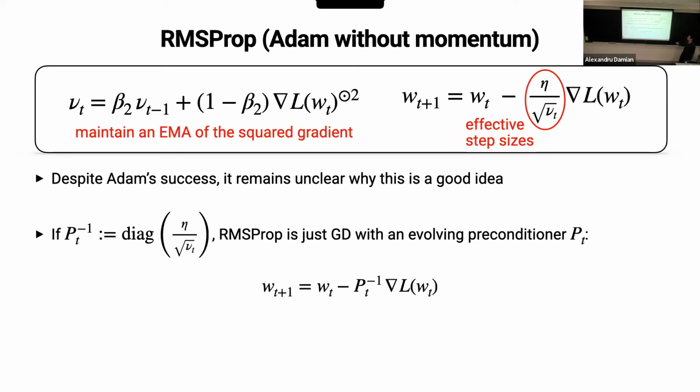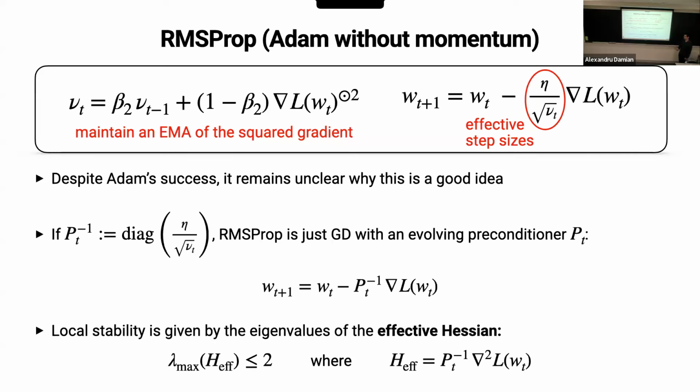The other observation is you can write this as preconditioned gradient descent. If you define this preconditioner to be the diagonal matrix of eta over root nu, then RMSProp is just gradient descent with this evolving preconditioner. So I can rewrite this update in this more compact form. And for preconditioned gradient descent, we understand what stability looks like, at least for quadratics, which is how we're going to define edge stability for adaptive optimizers.